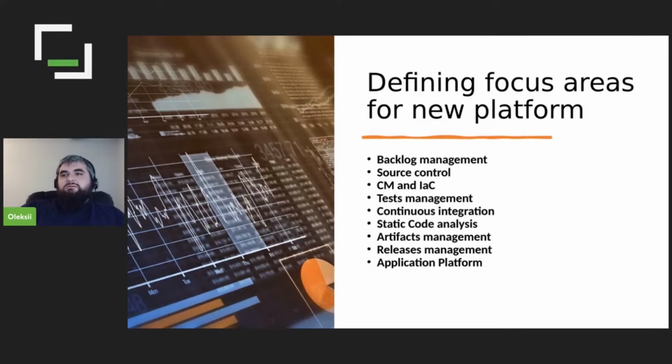So it starts with your backlog, then tasks. Then source control. Basically not a big issue nowadays because most systems use Git, maybe in different flavors, but they're all compatible, so not a big deal. But anyway, you need to have it in one place to make it secure, for example, to introduce GitOps there.